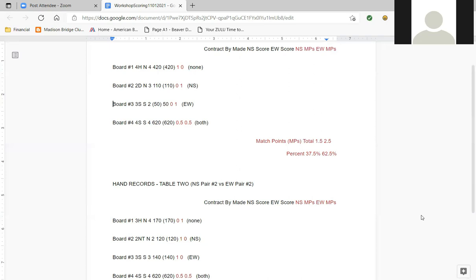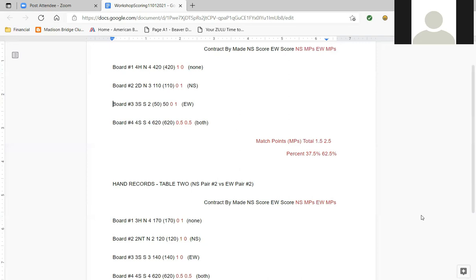That's the main hook that gets most people interested in duplicate bridge: they don't have to walk away frustrated anymore. They can't go home and complain to their significant other about how they did so poorly because they had rotten cards all day. Because guess what? In duplicate bridge, the people you're competing against had the same rotten cards you did. And if you walk home having lost badly, it's because you played those cards worse than they did. Okay.